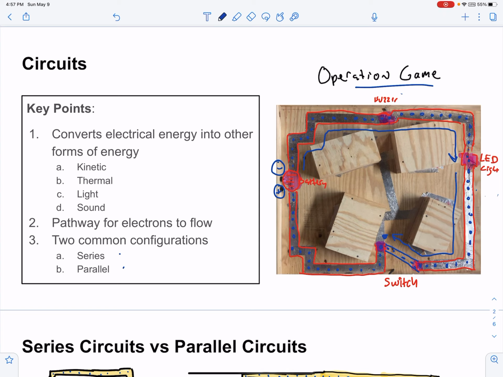Our buzzer is going to convert some of the flowing electrons, or electric current, into sound energy. And then our LED lights are going to convert some of the kinetic energy of those electrons moving into light energy, photons, right? Okay, and so circuits are set up in one of two configurations, series or parallel.